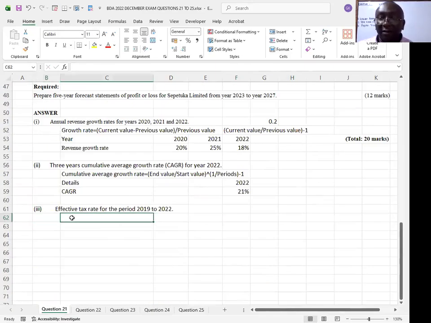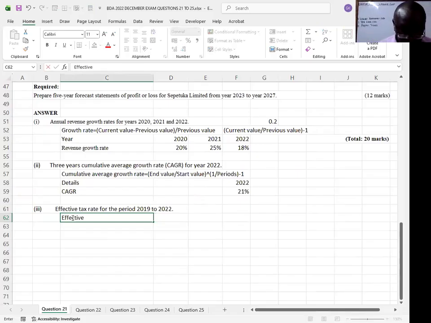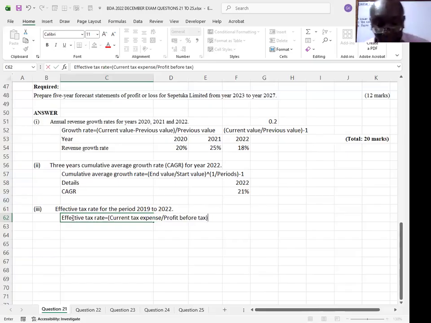So effective tax rate, obviously, should be equal to the current tax expense, you divide by the profit before tax, you can multiply by 100.